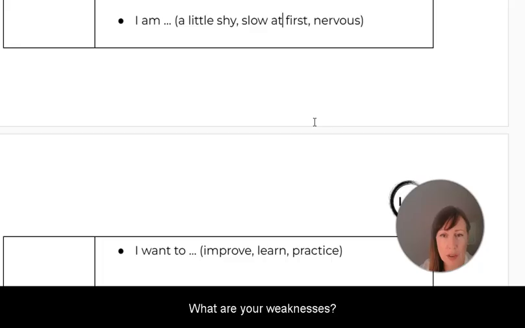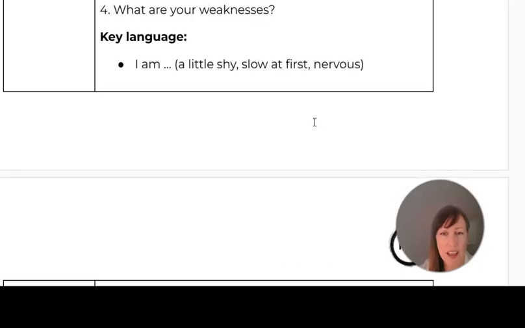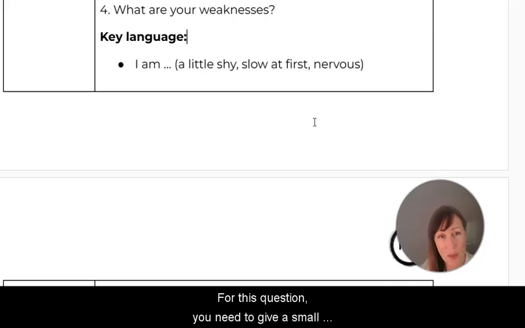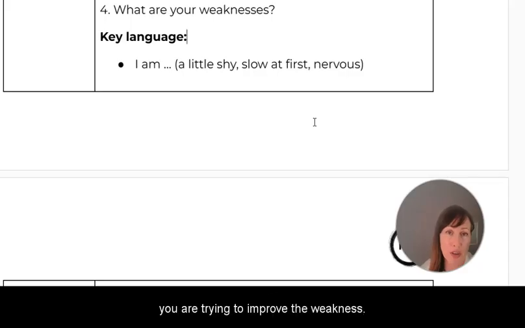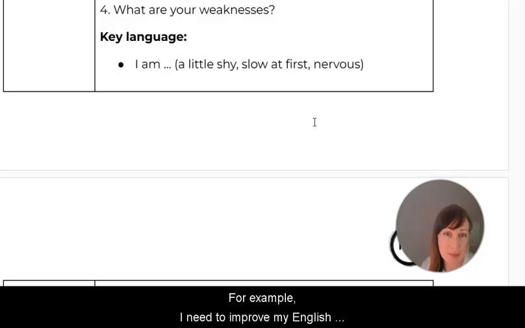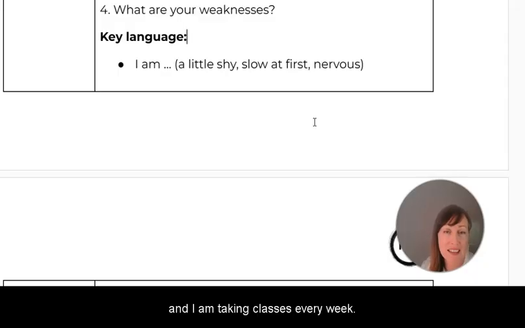What are your weaknesses? For this question, you need to give a small weakness, but also an example of how you are trying to improve the weakness. For example, I need to improve my English, and I am taking classes every week.